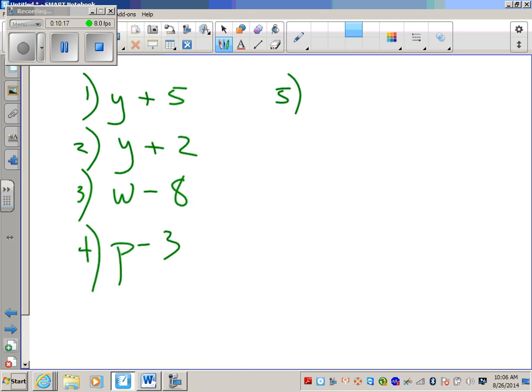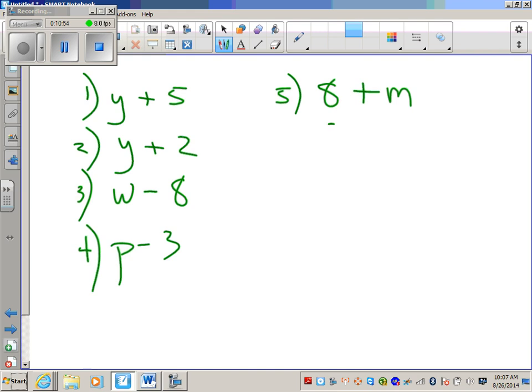Number 5, 8 increased by M. If I took out M altogether, and I said 8 was increased by 2, would that be a little bit easier to comprehend?